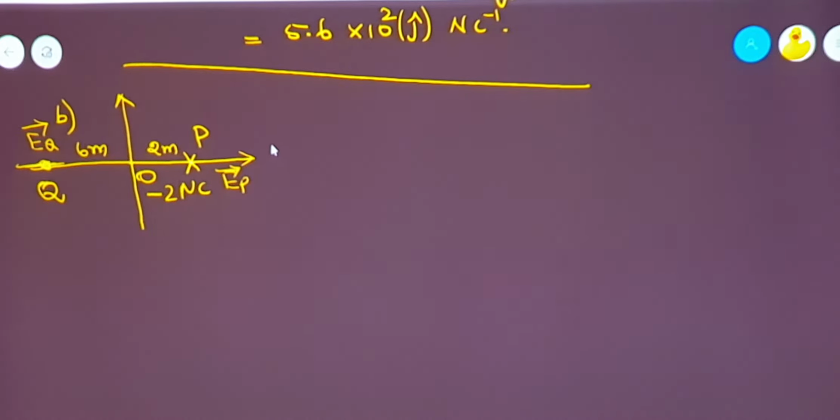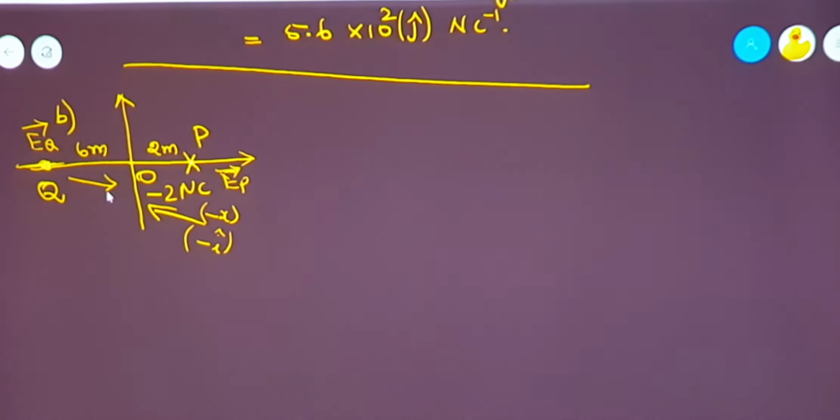In what direction? You see, the charge placed at the origin is negative. So the electrical field at this point will be acting towards the charge, that is minus x direction. Minus x direction means minus I cap. Similarly here, when you are considering the point Q, the electrical field at this Q is acting towards the negative charge.